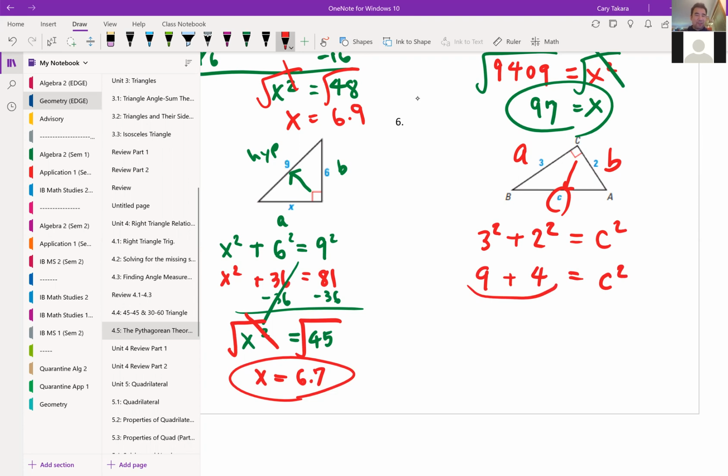And 9 plus 4, they are on the same side. That's 13. You can just combine that. So you take the square root. So C equals the square root of 13. What is that? 3.6.